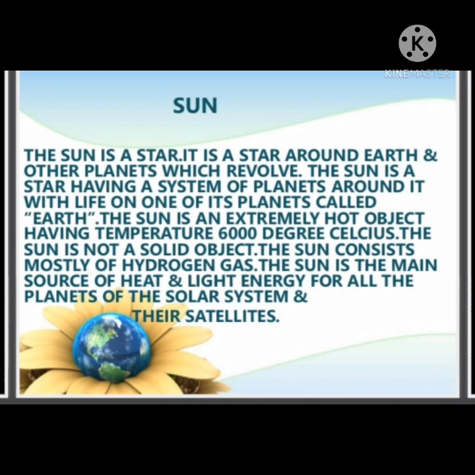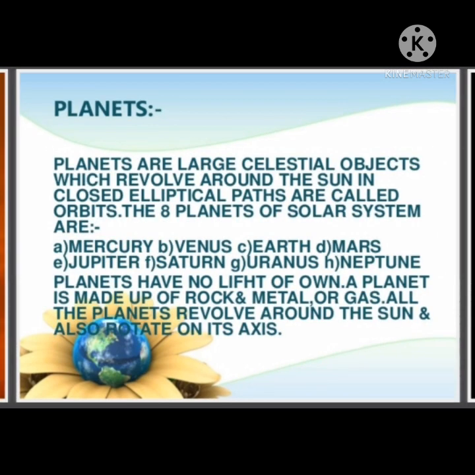Now let us discuss the planets. Planets are large celestial objects which revolve around the sun in enclosed elliptical paths, which we call an orbit. The 8 planets of the solar system, as I told, are Mercury, Venus, Earth, Mars, Jupiter, Saturn, Uranus, and Neptune.